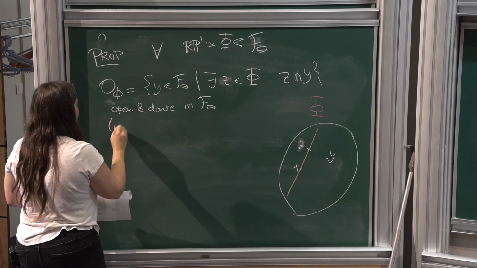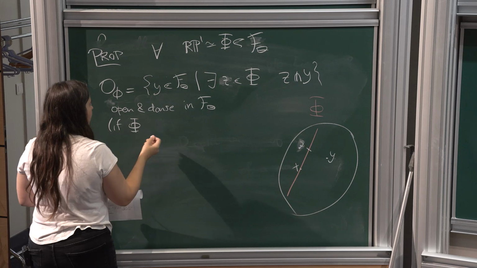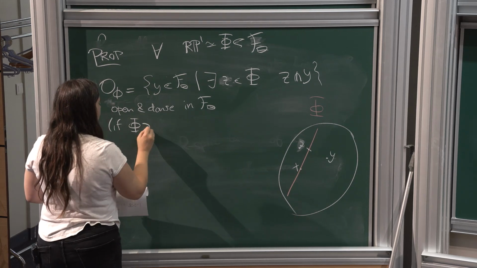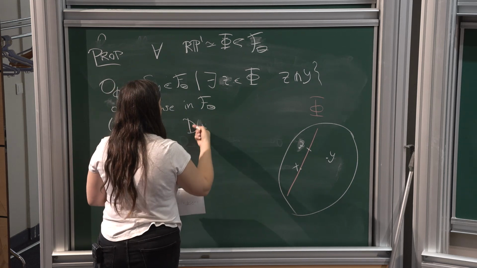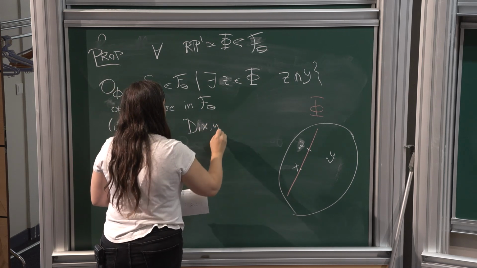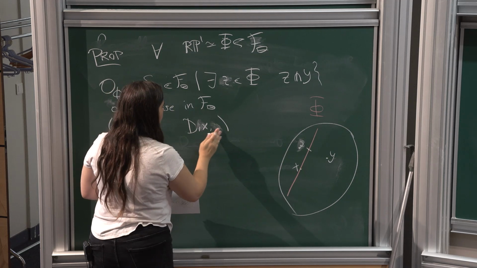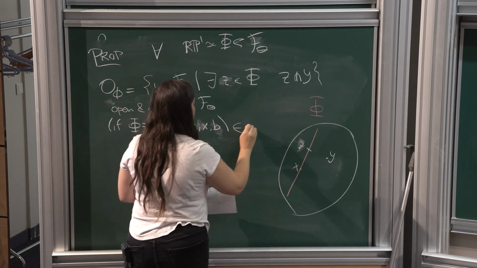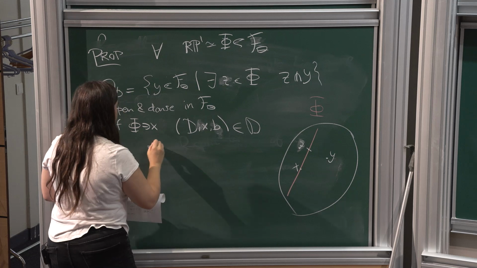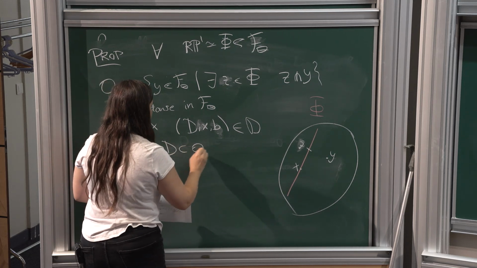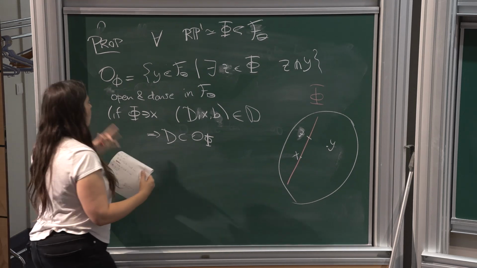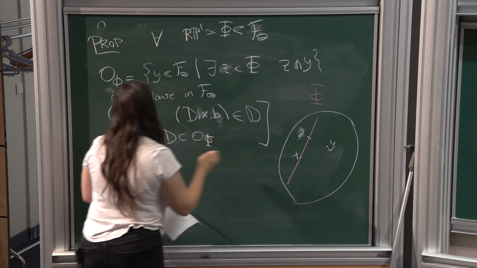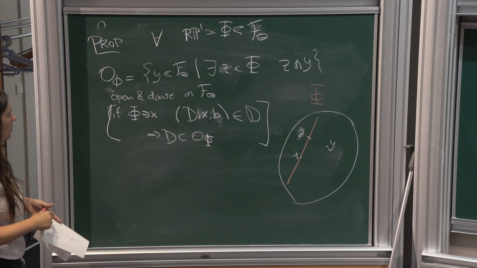And if phi is in x and d is in my family of diamonds, then d is in O phi. This is not hard to check, but I didn't give you enough Lie theory to check this correctly.